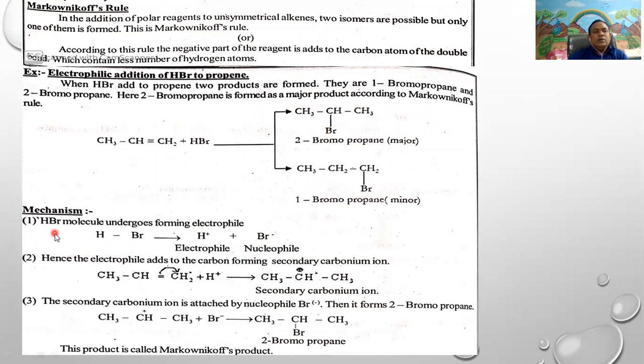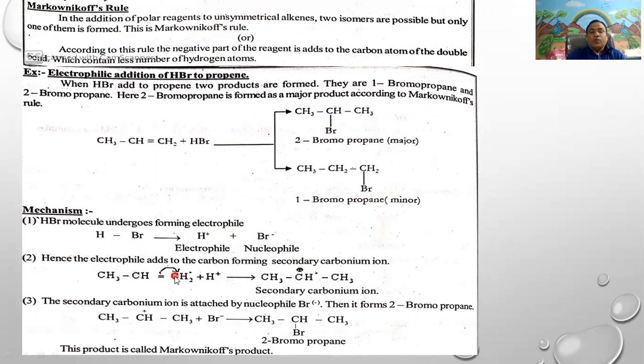In the mechanism, in the first step, the HBr molecule undergoes heterolytic cleavage to give H plus ion, an electrophile, and Br minus ion, a nucleophile. Then the H plus ion attacks the carbon.